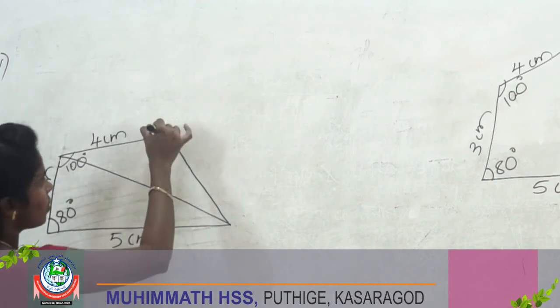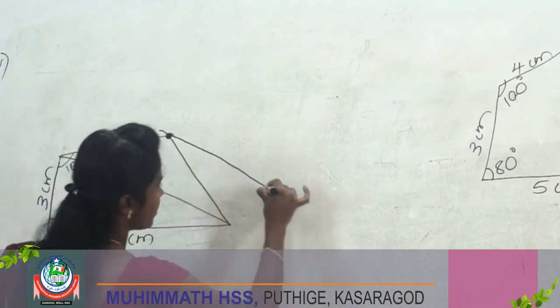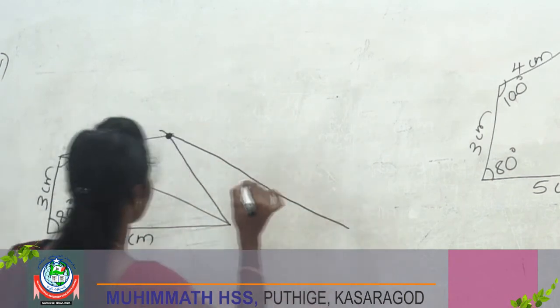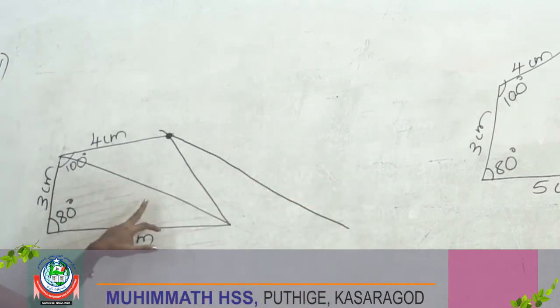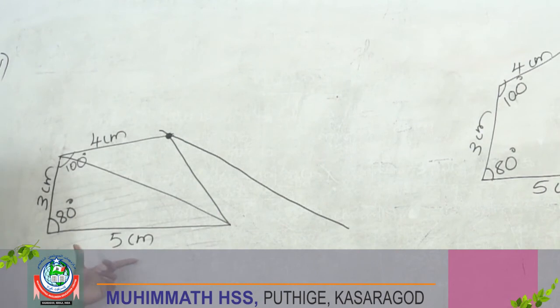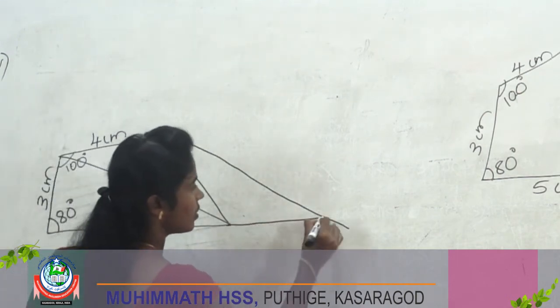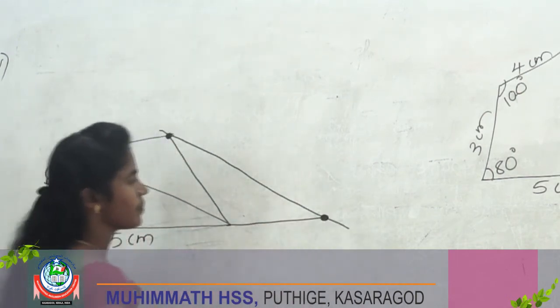So you have to draw a line through this point which is parallel to the diagonal. Then fourth step is extend the base line. Your base is 5 centimeter. Place your scale in this line and extend straightly up to this point.